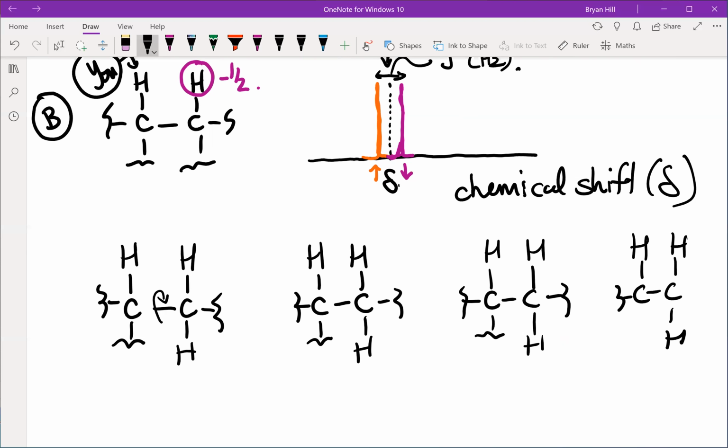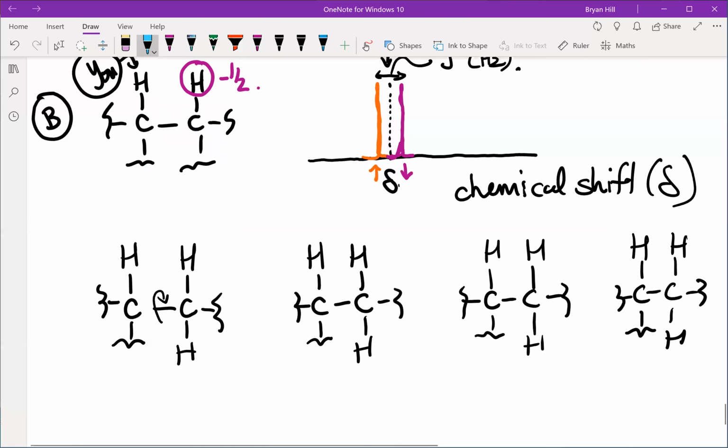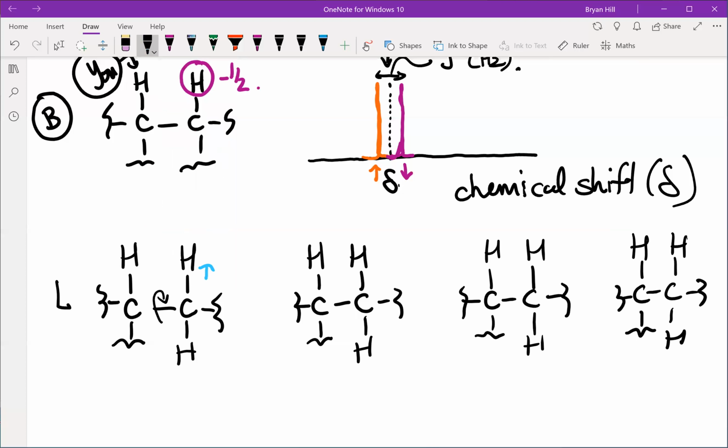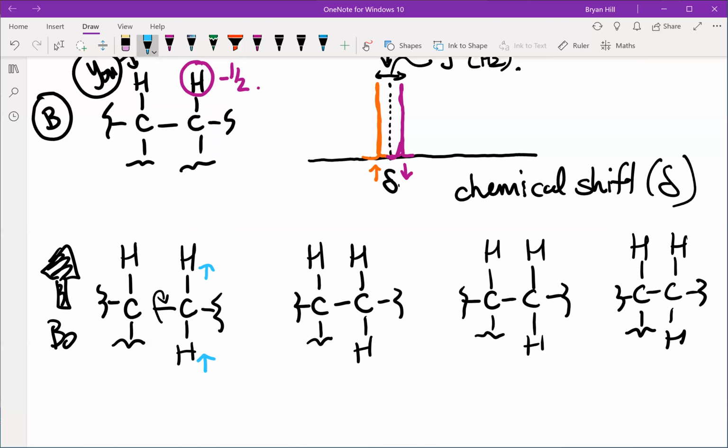I'm going to represent the possibilities that the protons can have by just drawing little arrows, right? If this is the applied field here, B0, there's one scenario where both protons are aligned with the applied field.